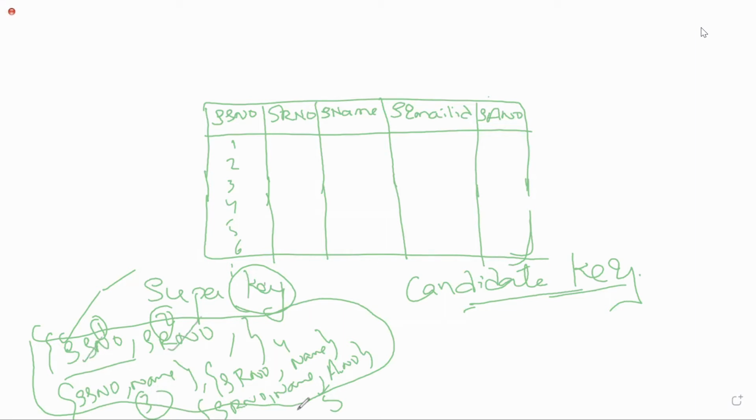Compared to this, all these 4 are minimal, and compared to all these 4, these 2 are minimal. So I can say the minimal set of super key is called a candidate key. That means with a single attribute alone, we can easily identify the record uniquely.